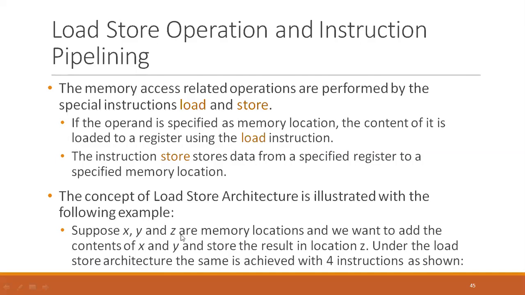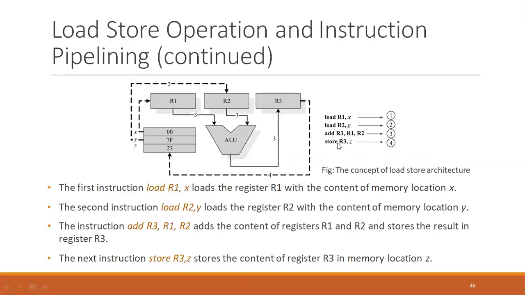So we have three memory locations X, Y, and Z, and we want to add the contents of X and Y and store the result in location Z. Under the load store architecture, the same is achieved using four instructions.